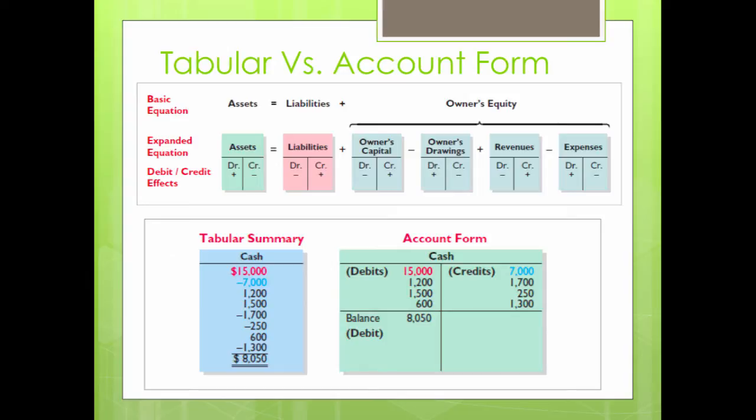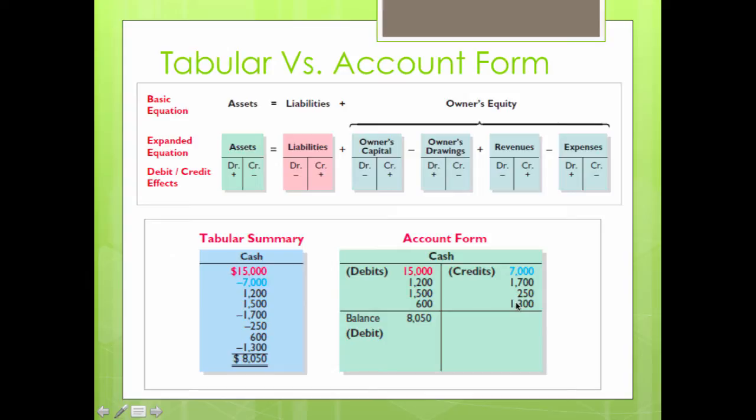Now, what you will do in this chapter is record similar transactions, but now you're going to do it in the accounting form, or the T account. The difference is that we separate the transactions as debits and credits.